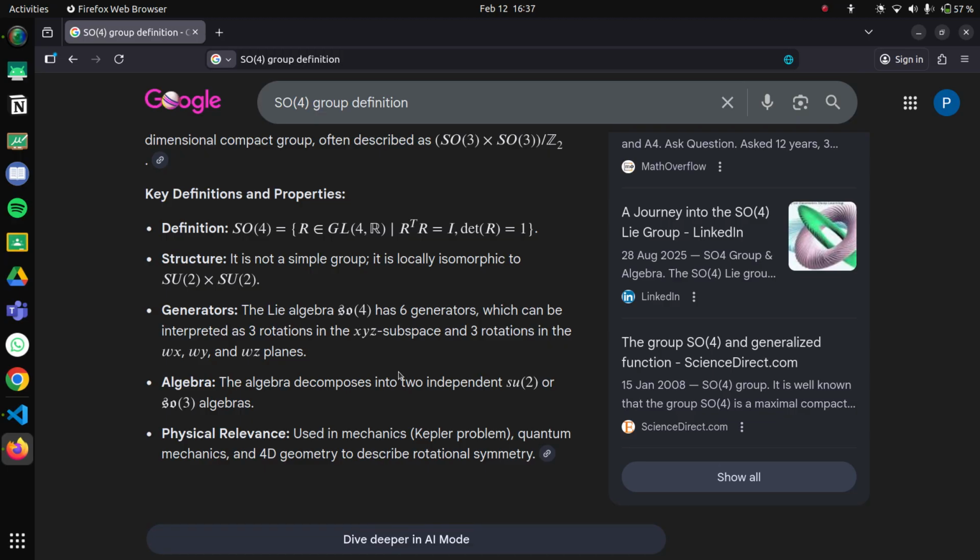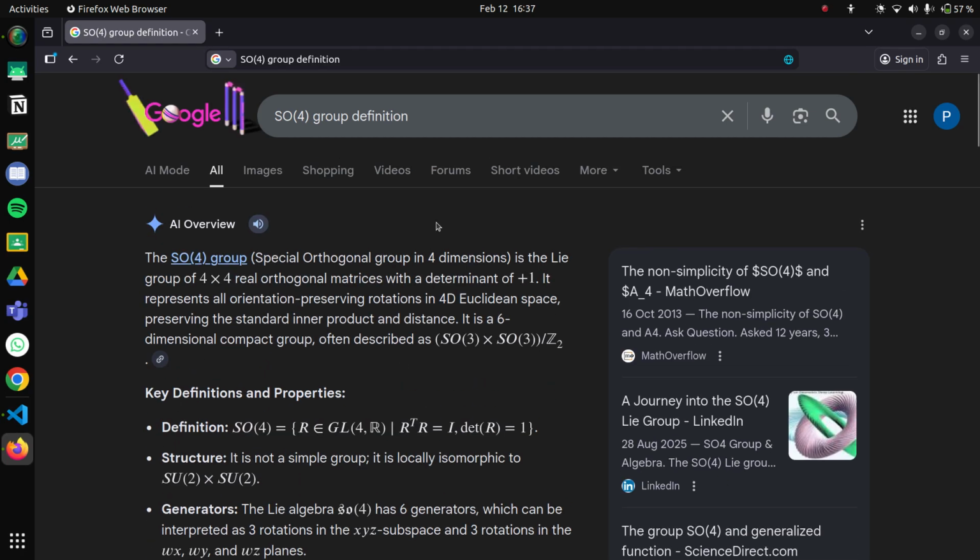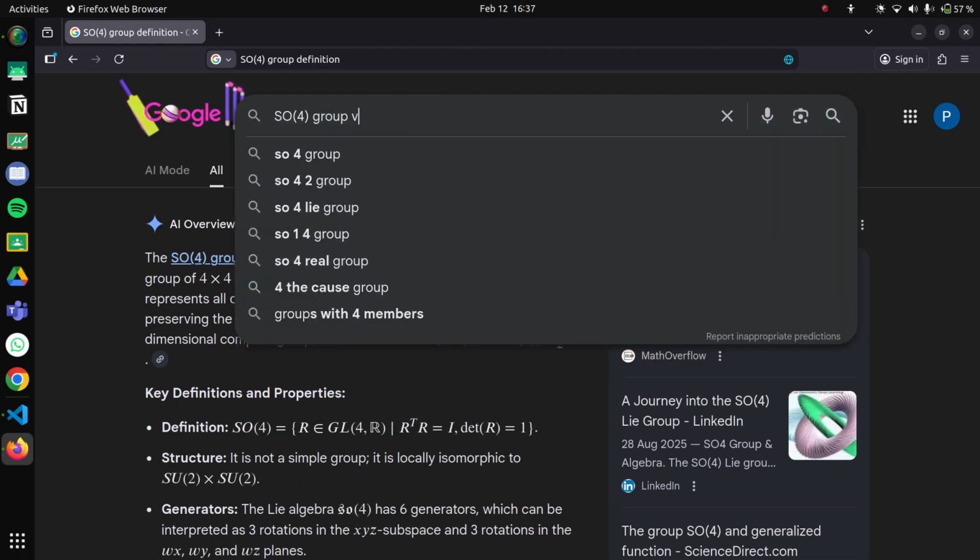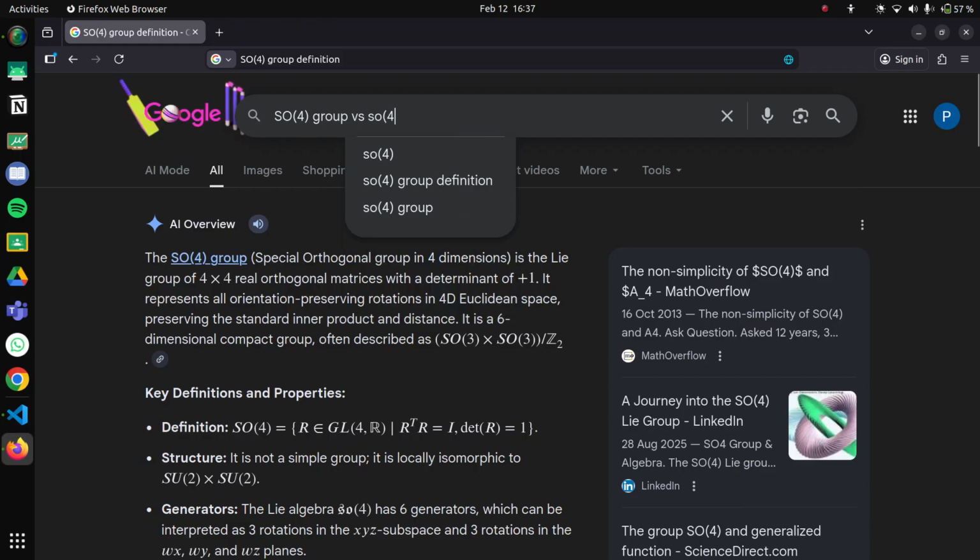Okay, fine, whatever. So SO4 group versus SO4 Lie algebra.